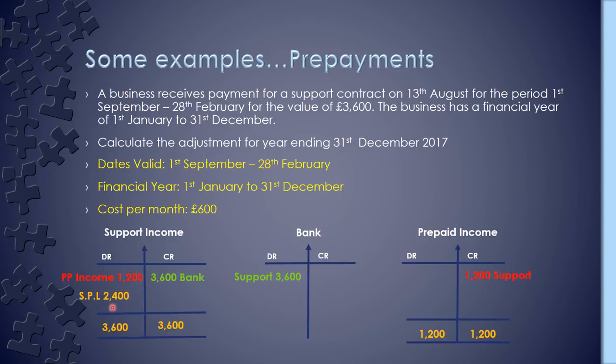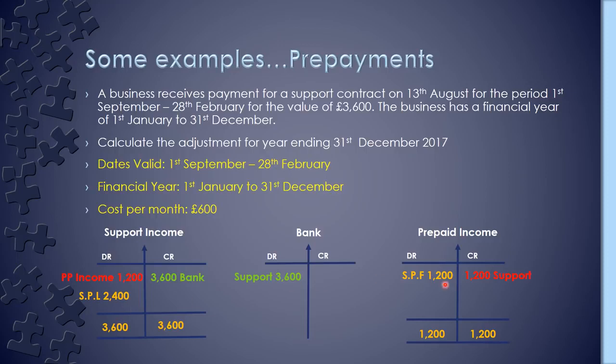So over here, our statement of profit and loss is going to show the balancing figure of £2,400. So that £2,400 is the income that we've earned from this support contract in the year 2017. So that will then be credited on the statement of profit and loss because it's an income account, and that will be the income for that particular support contract for that year.